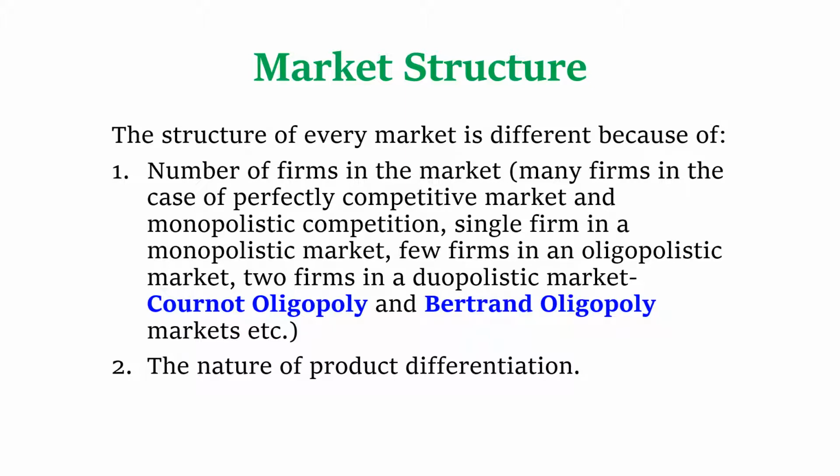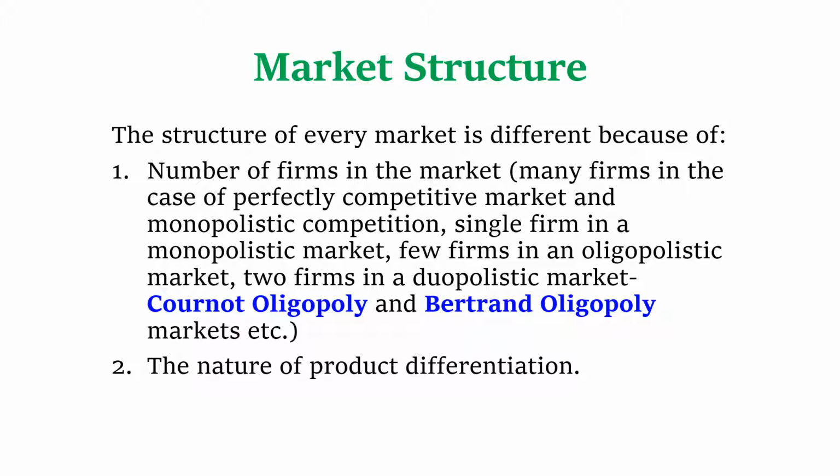You do have the oligopolistic homogeneous product market and then the oligopolistic differentiated product market. So there are two types of oligopolistic market here. You have the one that produces differentiated products, and then you have the other one that produces homogeneous products.